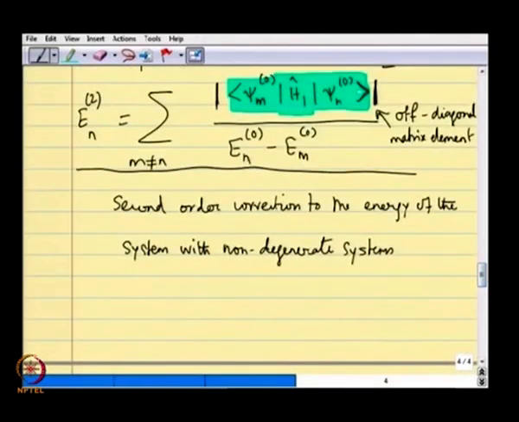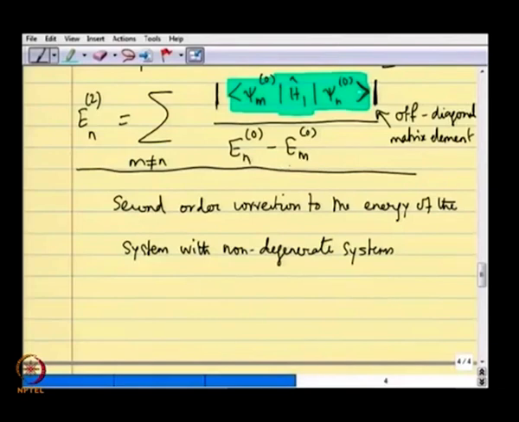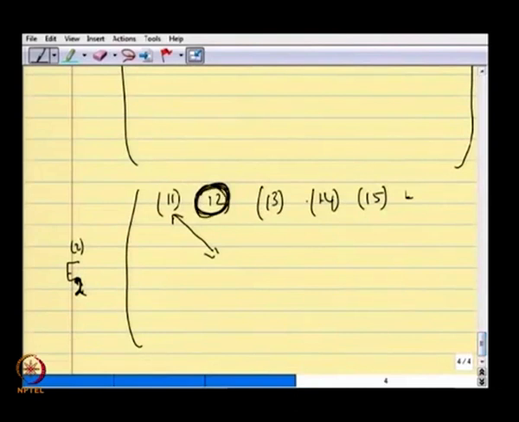If n is 2, 2 minus 1, this 2 is the diagonal matrix element of the 0 order Hamiltonian, second row second column, so it is 2 2. This is the first row first column 1 1. So it involves the difference between the two energies and the corresponding off diagonal matrix element, this one.